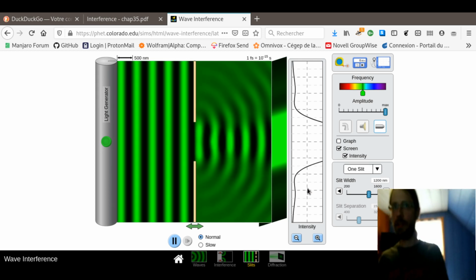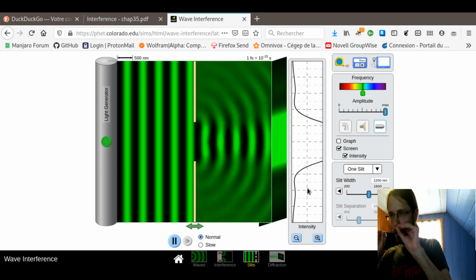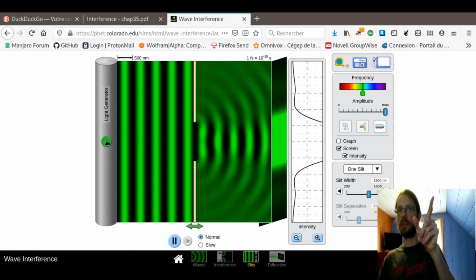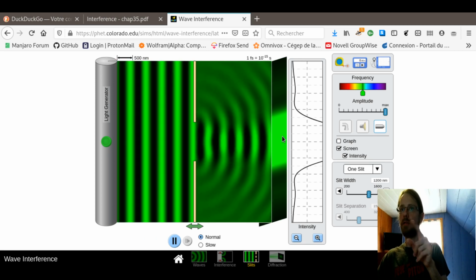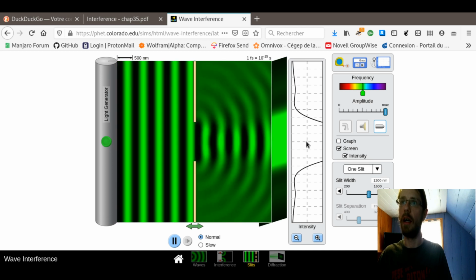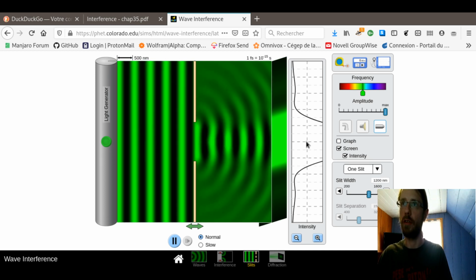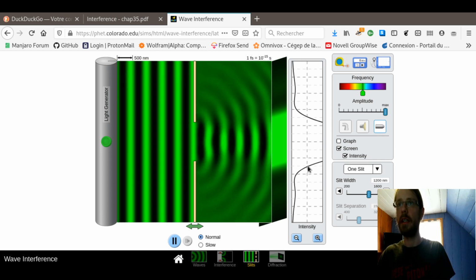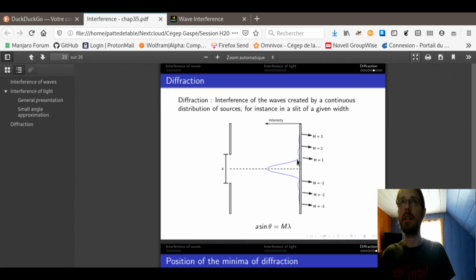So again, not only one single fringe in the middle corresponding to rays going straight from the left to the right, but some kind of pattern which is formed by the interference of all of these waves. So here the intensity is what I represented on the diagram over here.